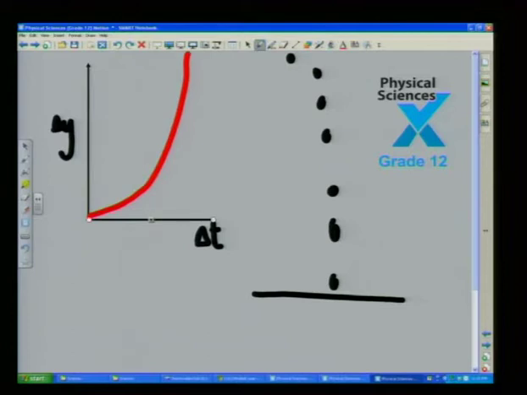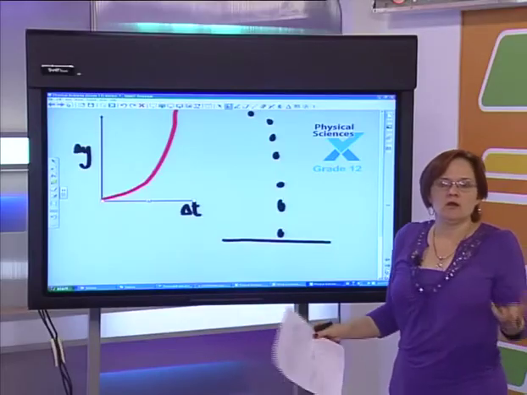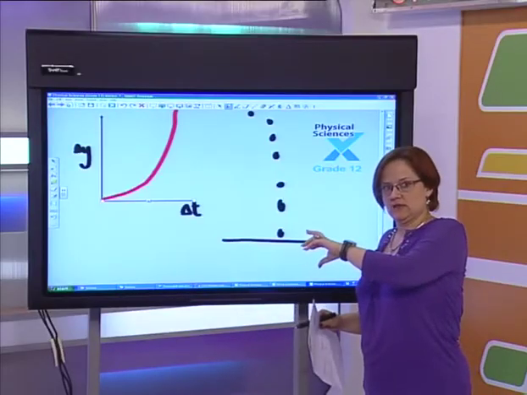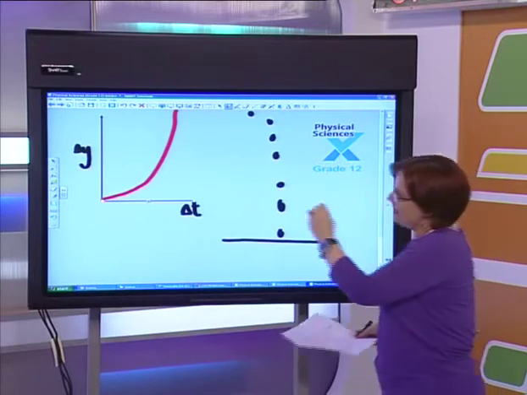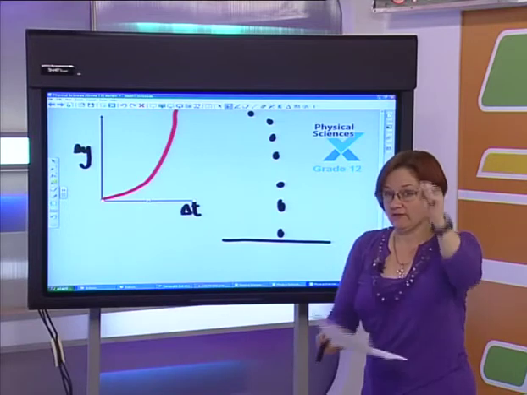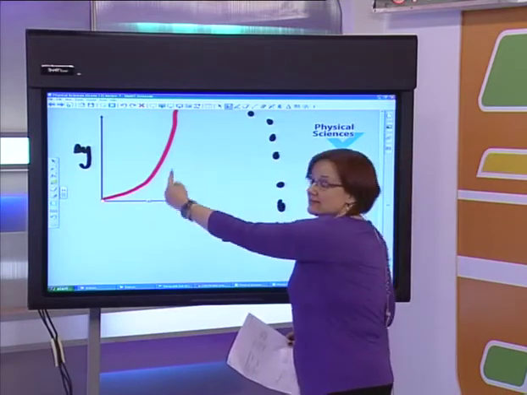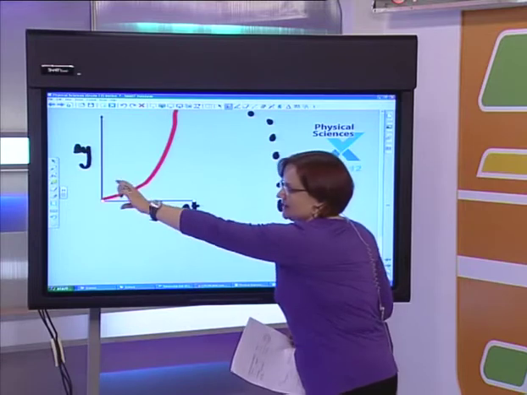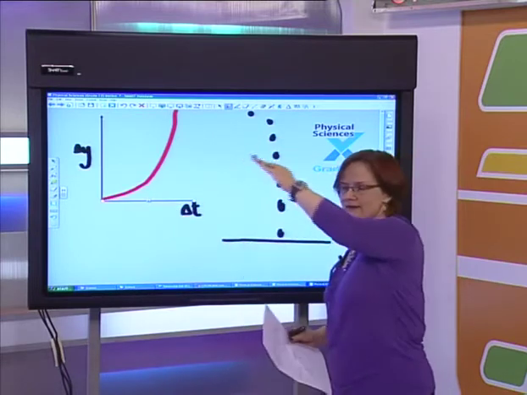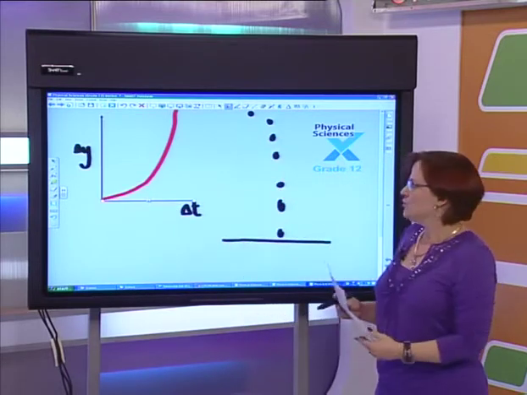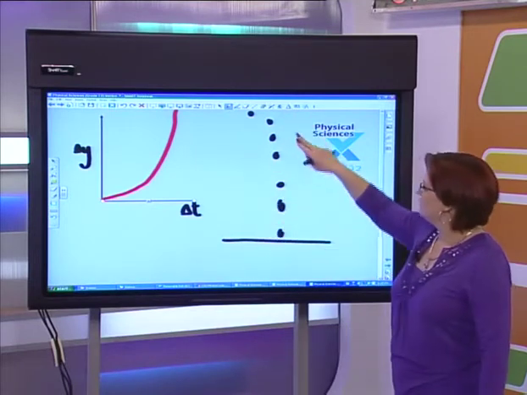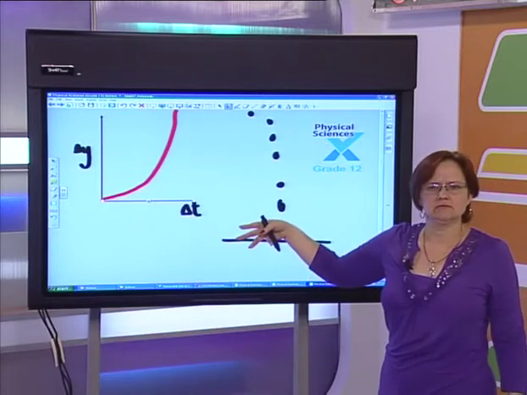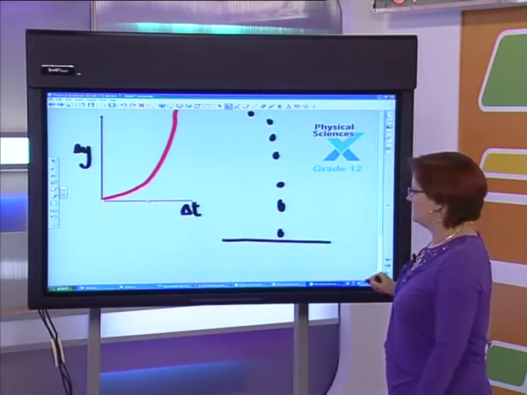So your graph will change shape depending on the circumstances and depending on the information you're given. But what we're looking for is that when it's accelerating, getting faster, your graph gets steeper, and when it's slowing down, the gradient gets less and less. It's difficult when you just have to talk about it. Often if we have values, it makes it a bit easier. I'm hoping that cleared it up a little bit for them.